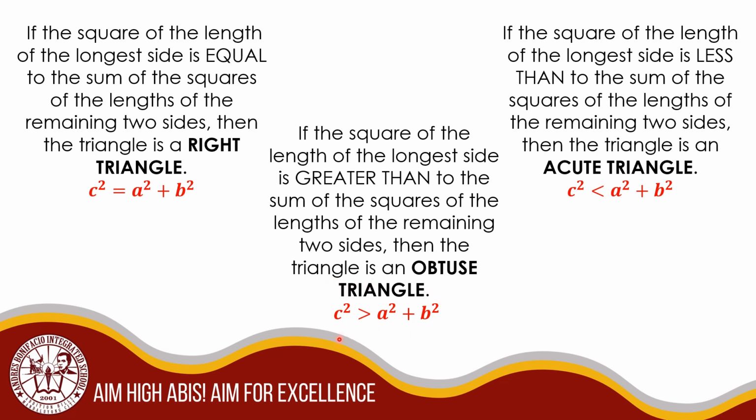Meaning, kapag ang kanyang hypotenuse squared is greater than doon sa sum ng a squared plus b squared, ang triangle is obtuse. If the square of the length of the longest side is less than the sum of the squares of the lengths of the remaining 2 sides, then the triangle is an acute triangle. Kapag naman ang square ng kanyang hypotenuse is less than the sum of a squared plus b squared, so ang triangle is acute.